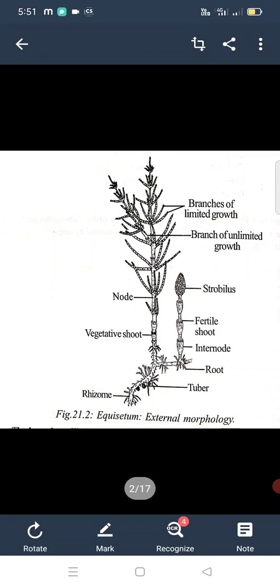The tubers can develop into a new plant during the favorable season. The aerial shoot grows above the ground.